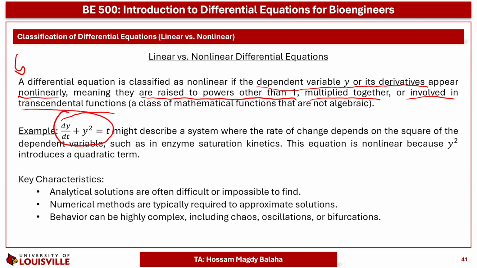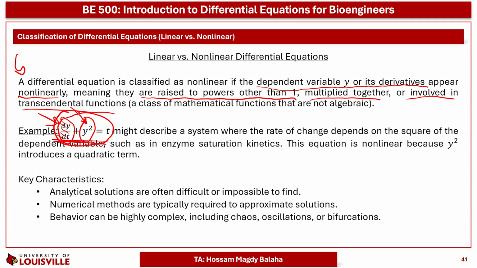Let's check this function. We have dy by dt, and this is not a multiple of y or raised to any power, so let's ignore that one. Let's check this one. This y is raised to the power of 2. By finding that, the whole equation will be nonlinear.